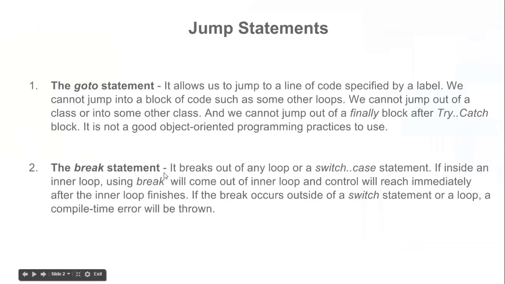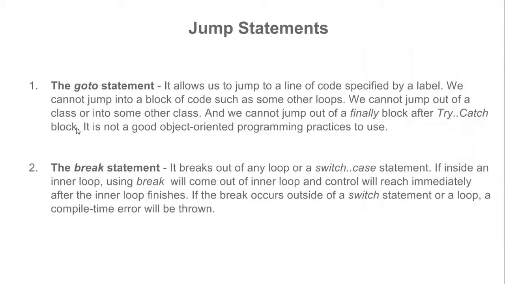And also we cannot jump out of a class, like from a class we cannot jump into some other class, or someone cannot jump into my class by entering the label name if a label name exists in my class. And also we cannot jump out of a finally block after a try catch block.